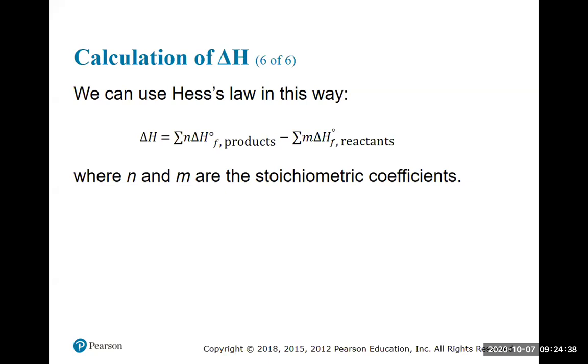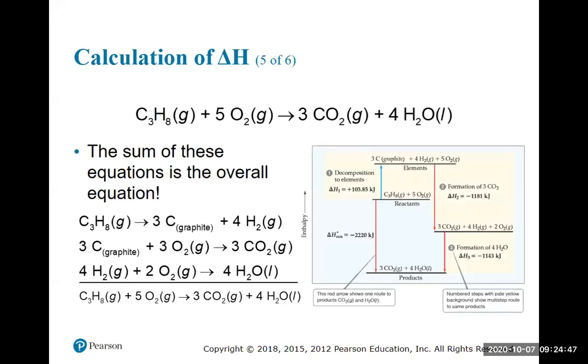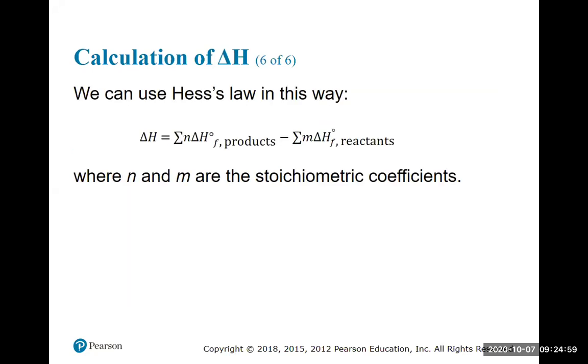The n and m are the stoichiometric coefficients. Going back here, that's like the 5, the 3, the 4 on these. We would use the stoichiometric coefficients to get a feel for what the delta H is.